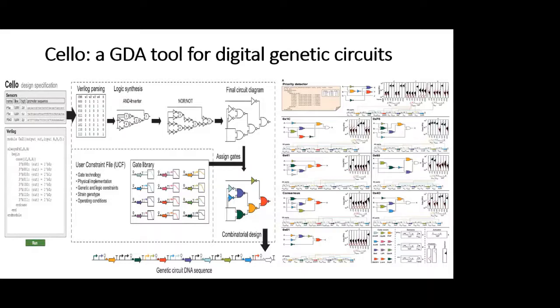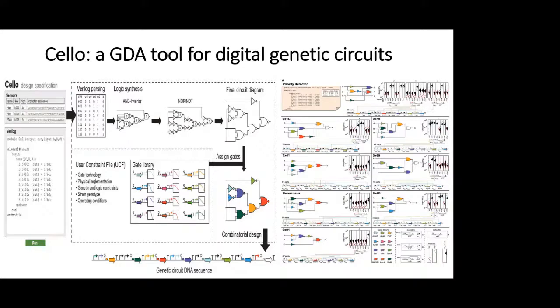Once you have the logic table or the truth table available, you can draw on your library of well-characterized genetic logic gates to build your complex digital genetic circuit.